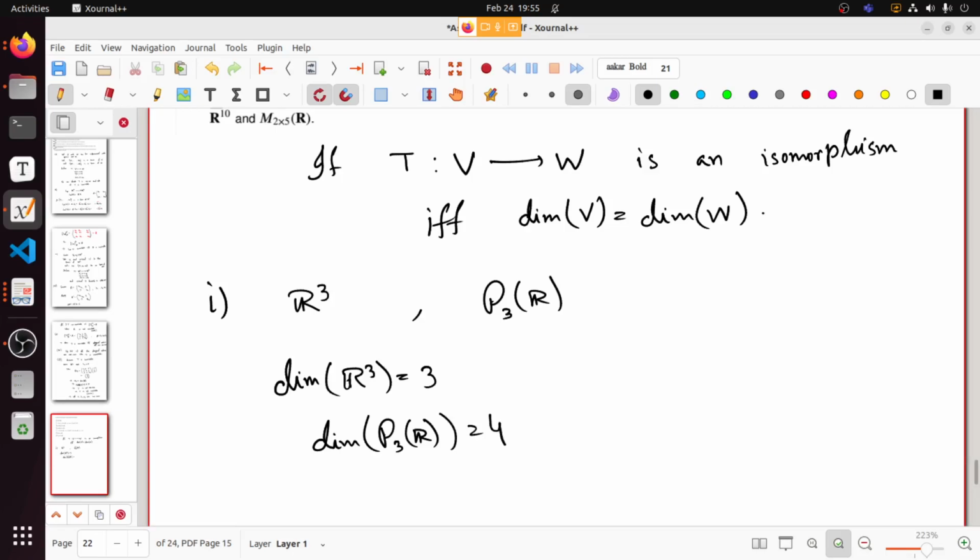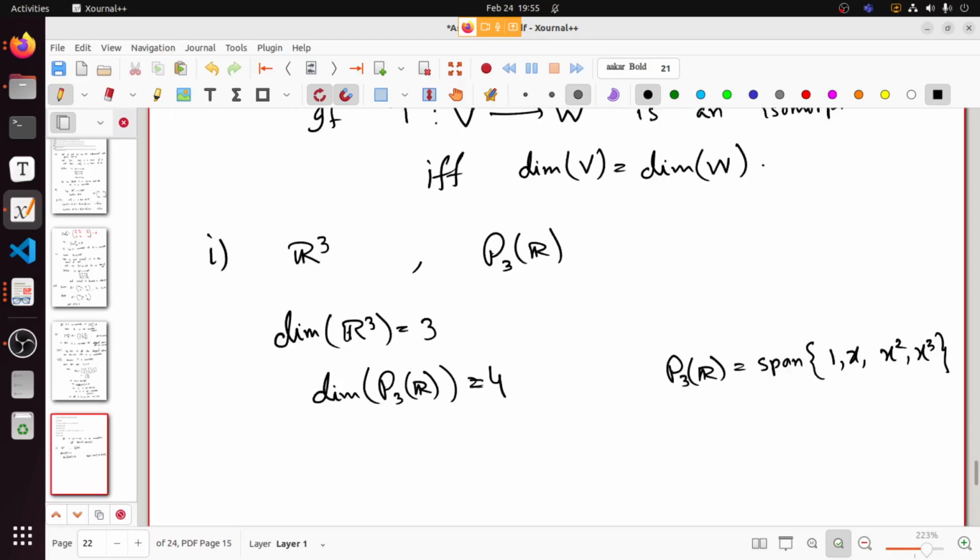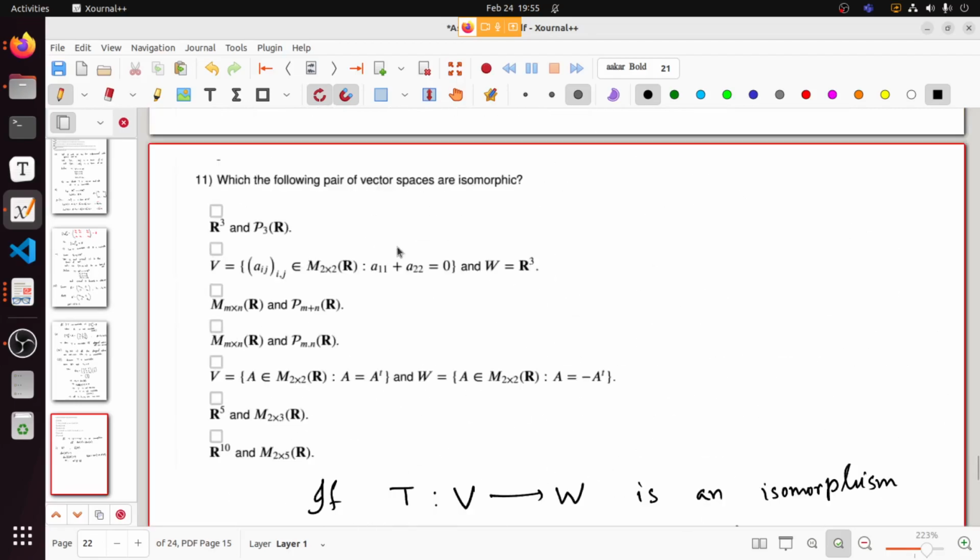Why is it 4? You can see that the basis of P3R is 1, x, x square and x cube. As the dimensions are different, they cannot be isomorphic. So R3 is not isomorphic to P3R, so option number 1 is false.